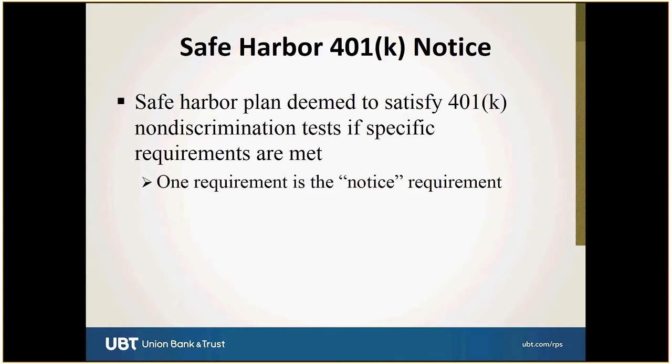The second reason is, I think that there's a lot of employers that really like the simplicity of the design and like the requirement that they have to provide participants with some sort of benefit, kind of on a guaranteed basis, although that can change from year to year.